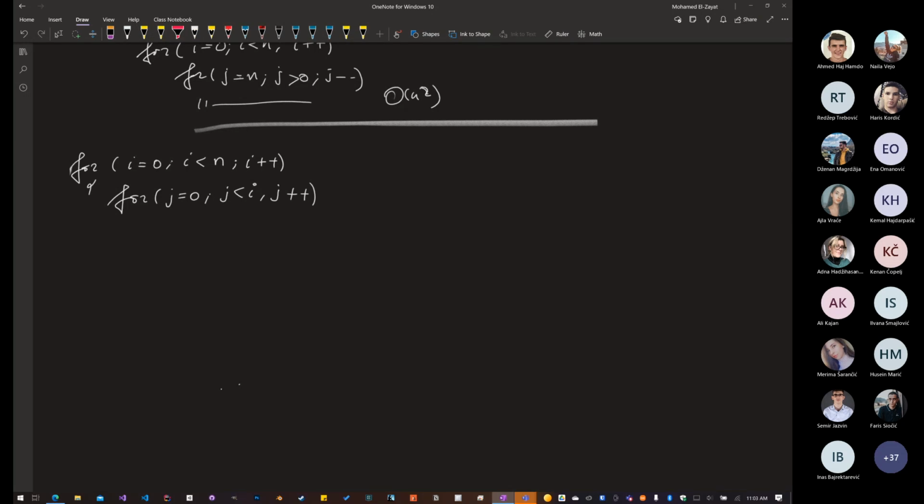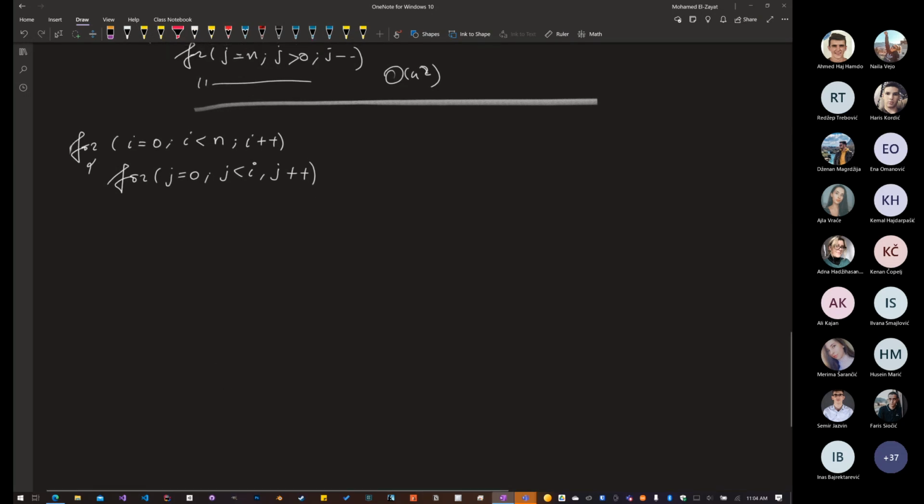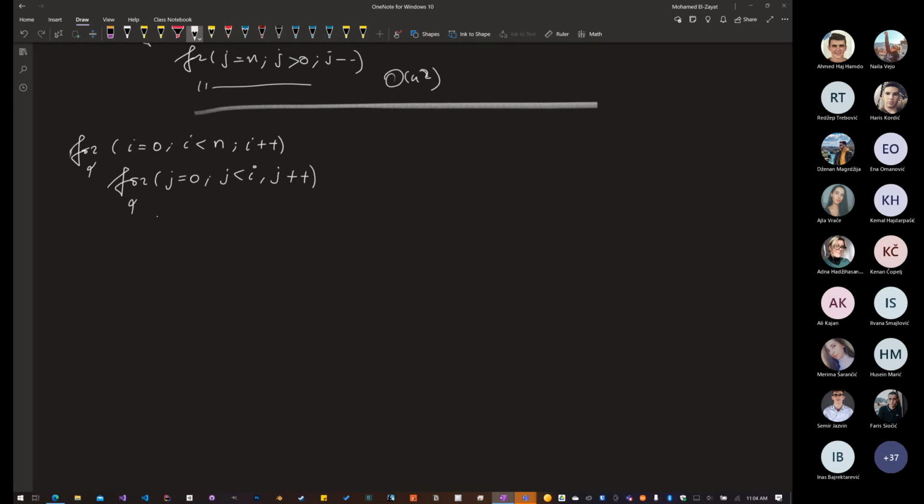Okay? And then you have a very simple statement here. So your code goes here, which is super simple statements, nothing crazy or nested. Can somebody tell me what would be the time complexity of this guy? N?